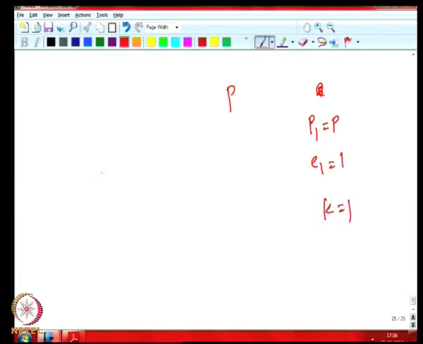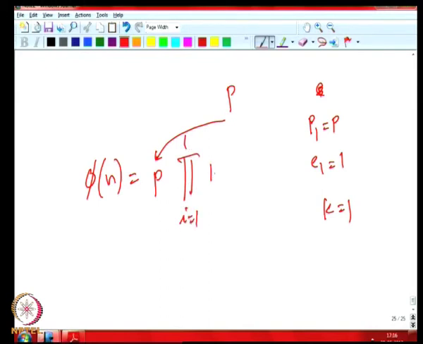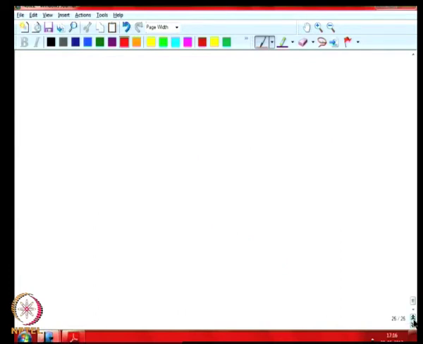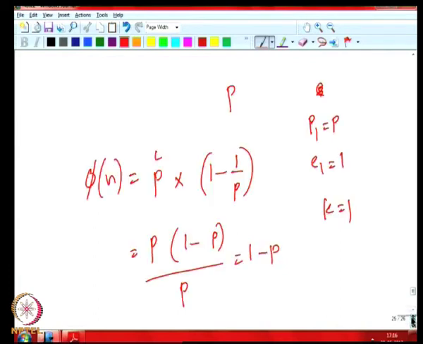In that case you can see that phi of n is equal to n, and n here is p, times the product for i equal to 1 to 1, only one term, 1 minus 1 by p. So we do not have to put the product at all. This is p into 1 minus 1 by p, which is p minus 1, as we have seen before. Similarly, we can do the calculation and find out.